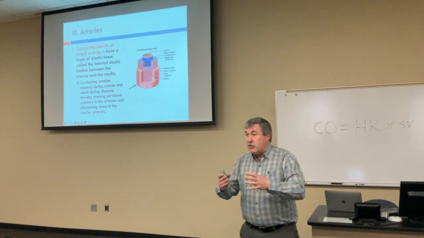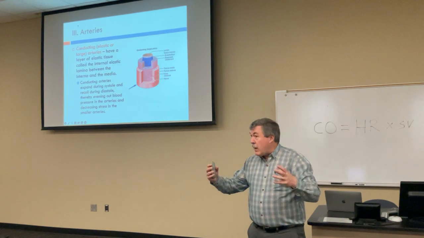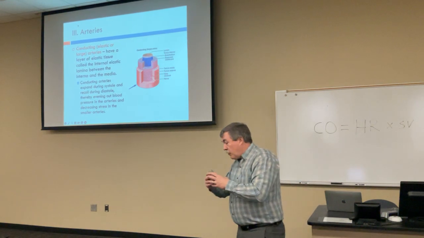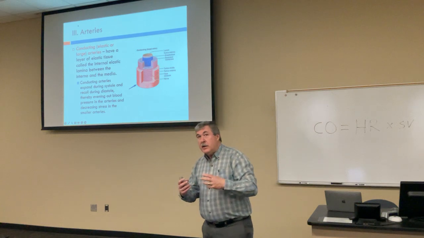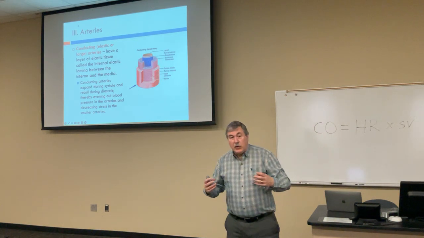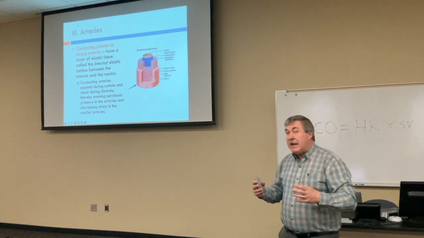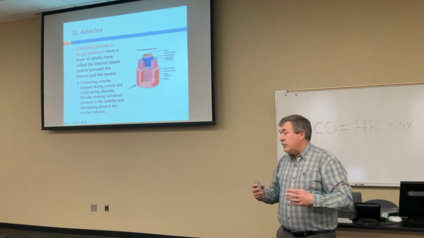That high pressure causes the walls of those large blood vessels to stretch. When those walls stretch, that relieves some of the pressure. And so the ability of those large vessels to stretch is important because it evens out the blood pressure.